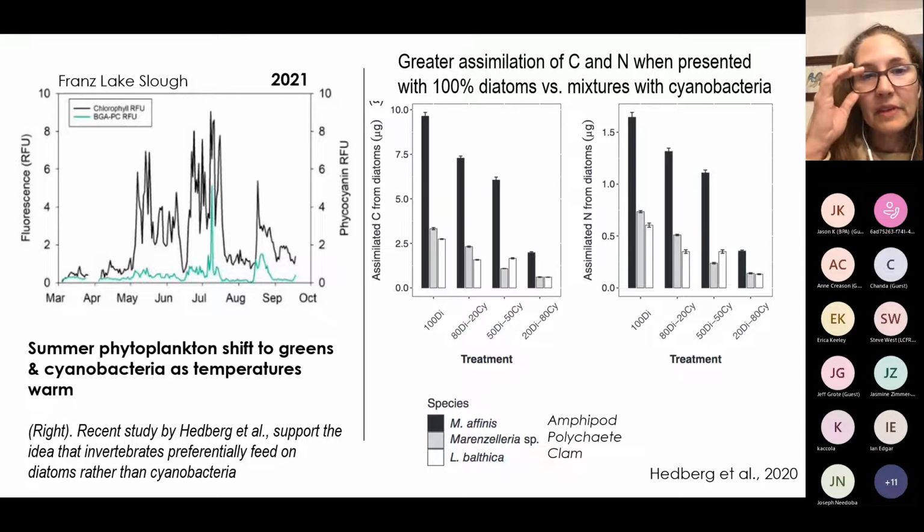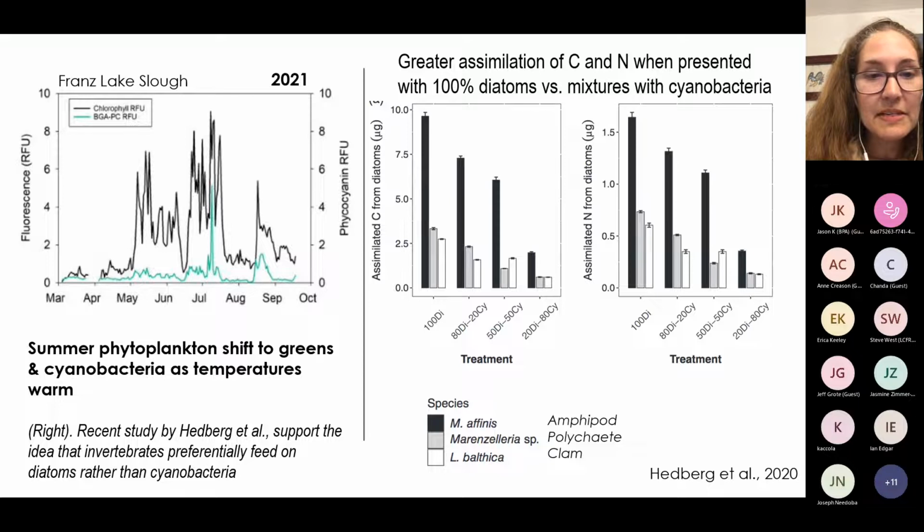I just pulled out a reference to a study that was published in 2020 that showed that the assimilation of organic carbon and nitrogen from different phytoplankton species does make a difference for the primary consumers, or the secondary producers.